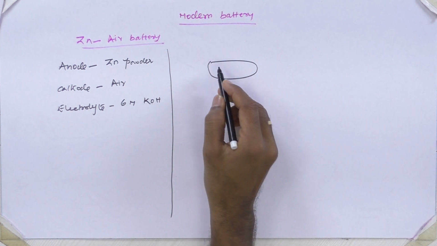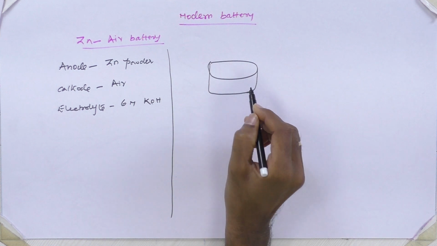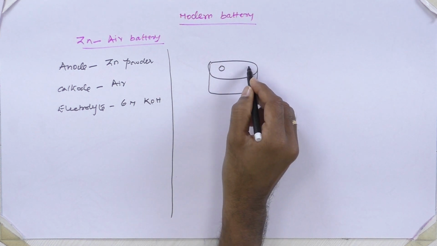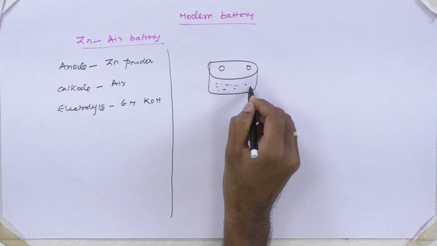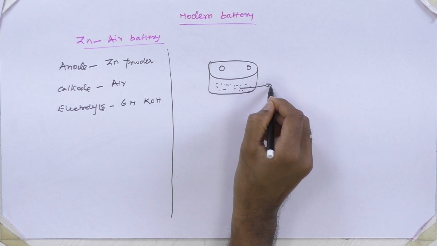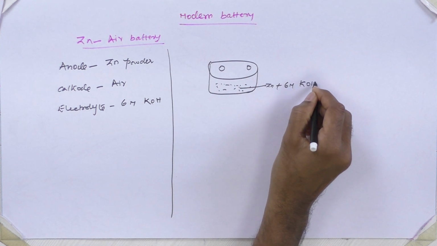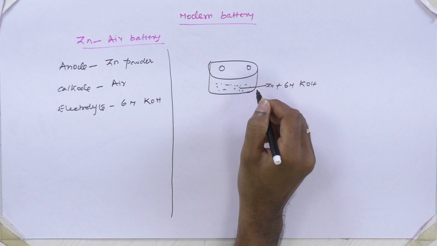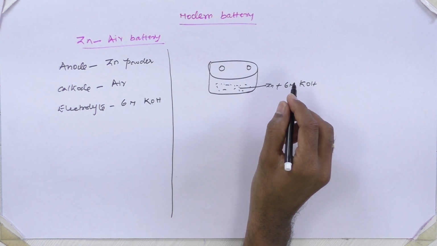So this is the cathode container, and the anode container is also available over here, and there are two air vents also available over here, in which zinc powder plus 6 molar KOH is placed, and the anode and cathode are separated with the help of a kind of insulating material, a polymer based insulating material.